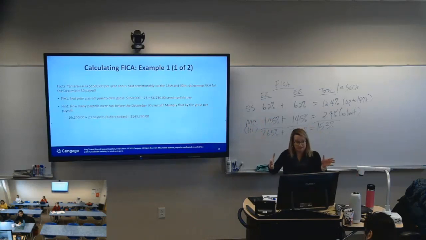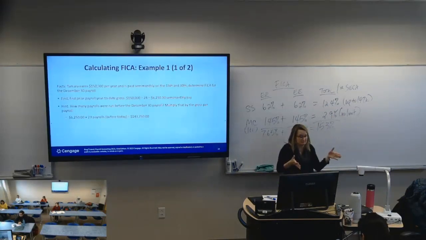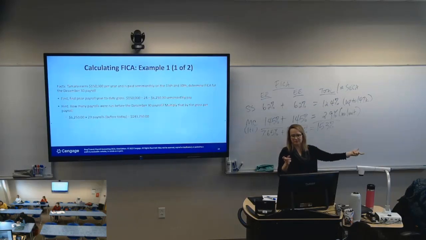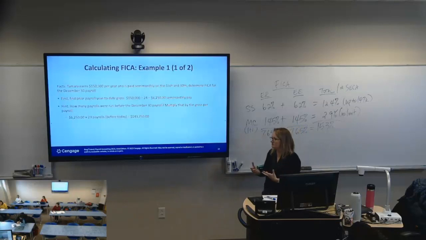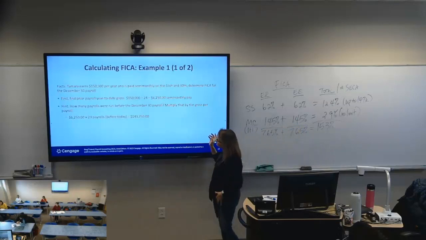At some point during the year, she reaches that 147, but we don't know exactly when. Did she already reach it on the December 15th payroll? Is she reaching it now on the December 30th payroll? We've got to do some calculations to determine that.